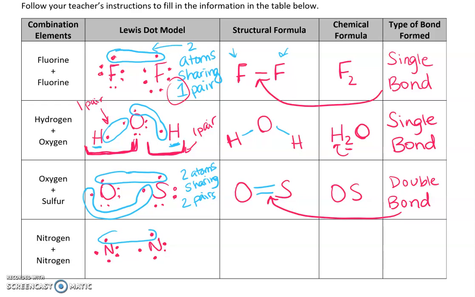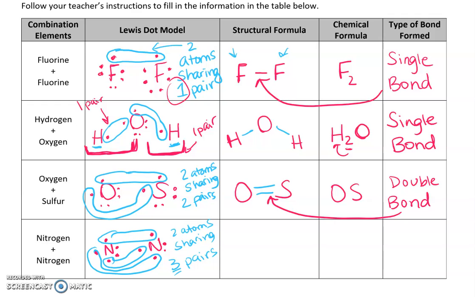So they'll form a bond here. They'll form a bond here. And then the last here. Now here we have 2 atoms sharing 3 electron pairs. So that is considered a triple bond.